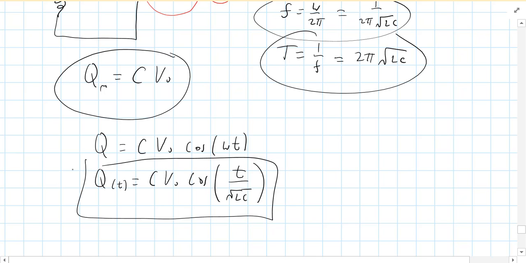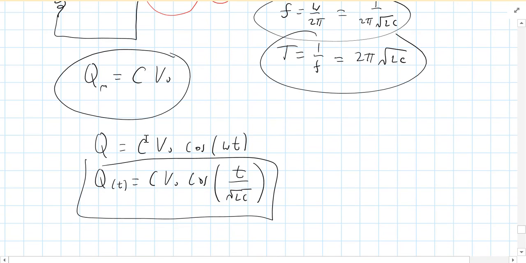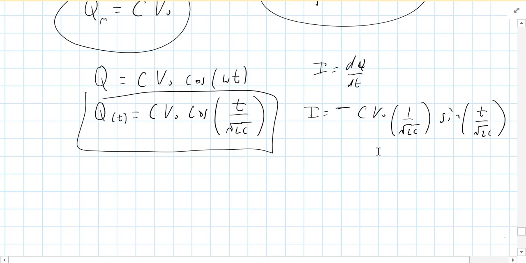As far as current as a function of time, current is the derivative of charge, so it's dq dt. I'll take the derivative of this. The derivative of cosine is negative sine, so I'll throw a negative out front. We get CV naught times the derivative of what's inside, which is 1 over root LC, and then sine of t over root LC. I'll tidy that up.